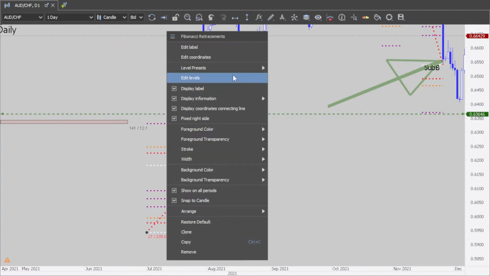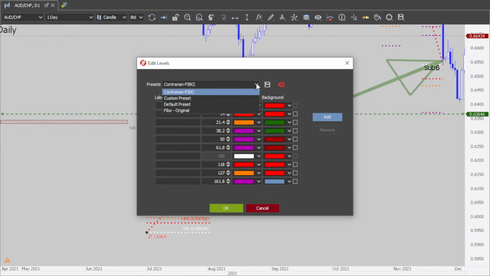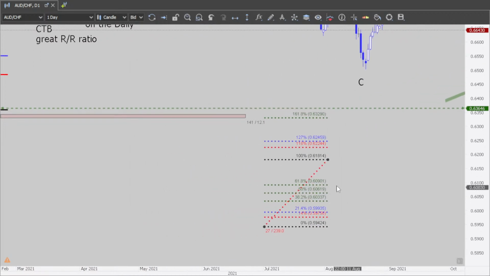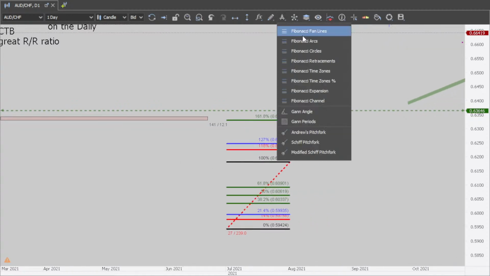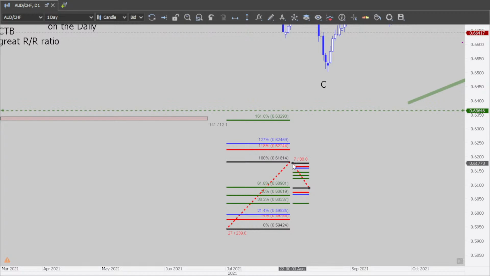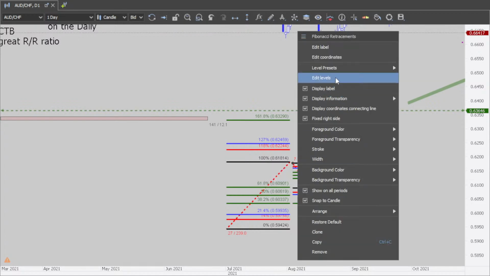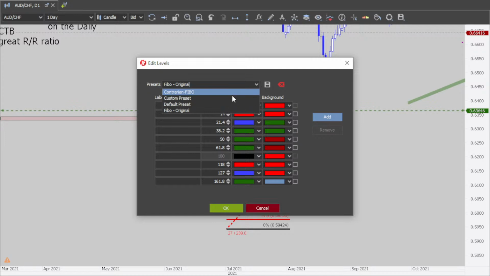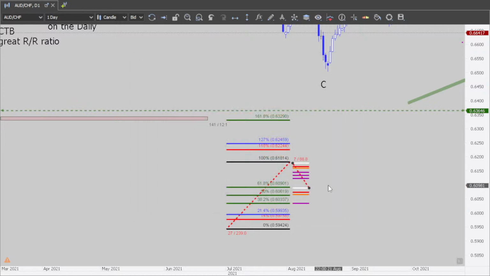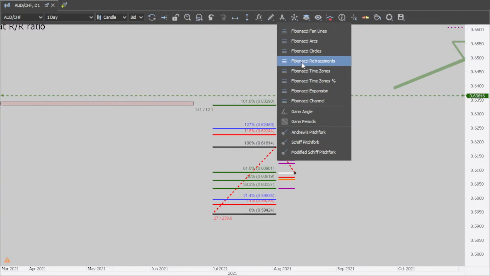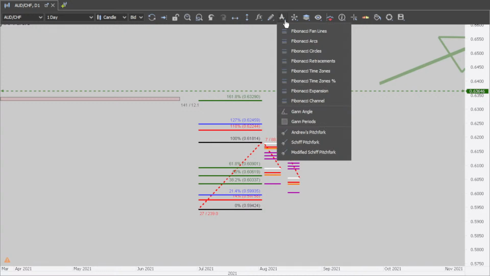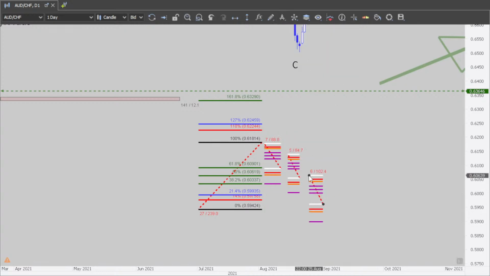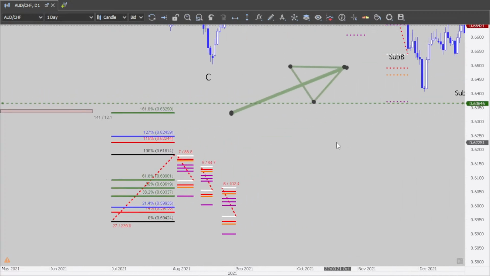If this is the original one, and like this, retracements, and this is your first retracement and you won. This is your second retracement and you won. And then this is your third retracement. This is theory, this is what happened for real.